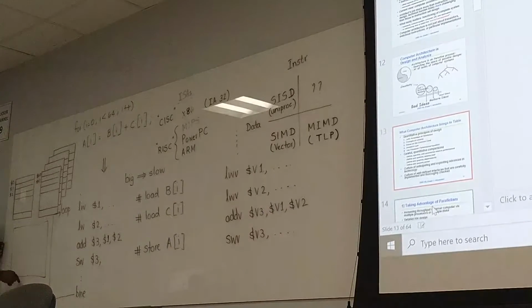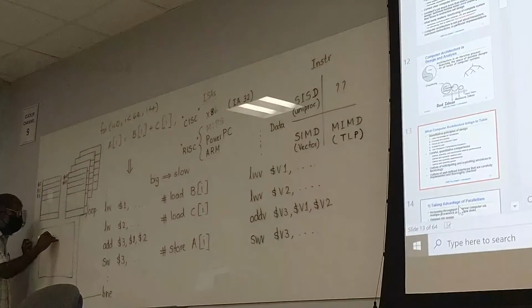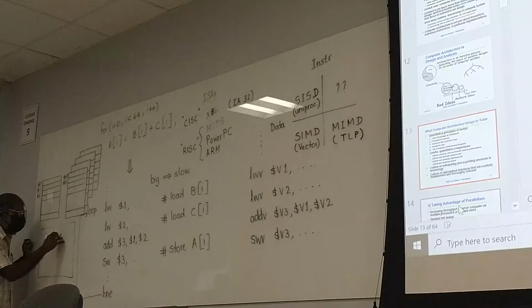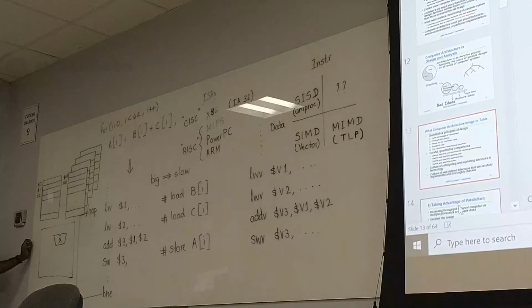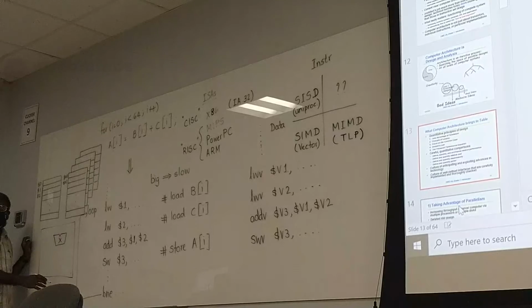But now you have a dilemma. Do you want a very fast implementation of a multiplier, or do you want more cache memory? You have decided this is going to be your chip size.